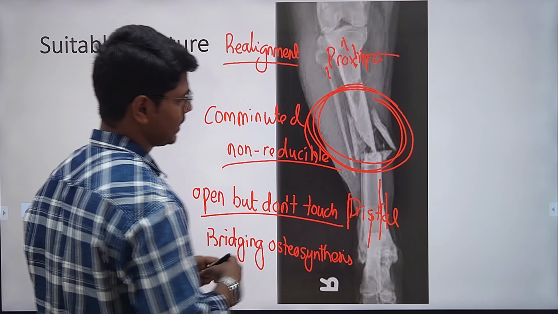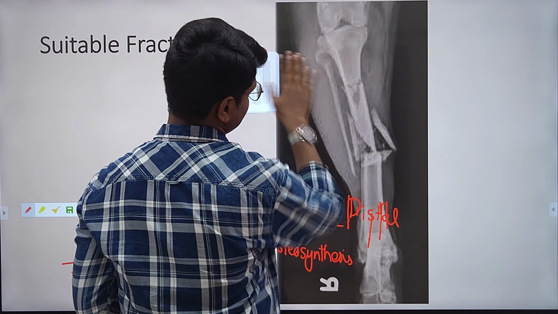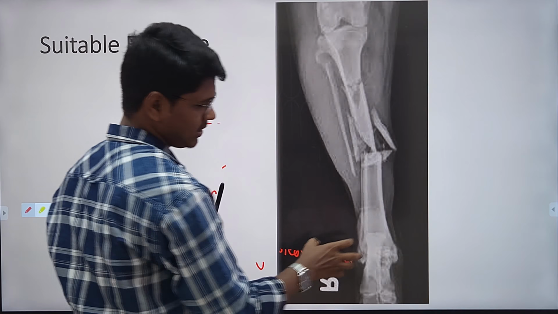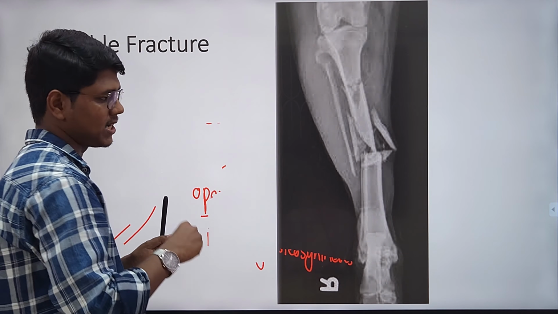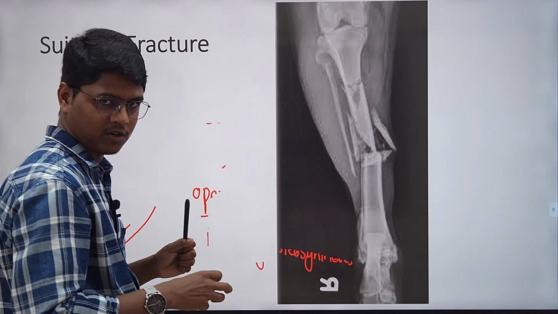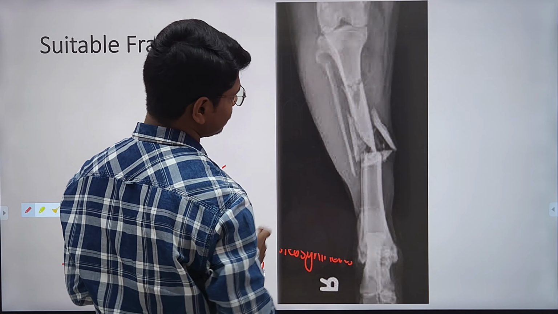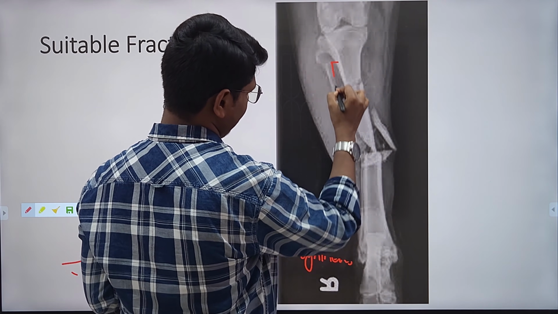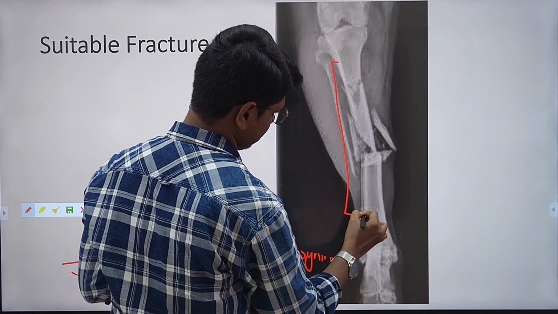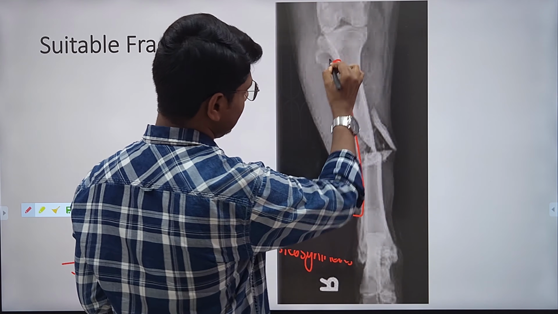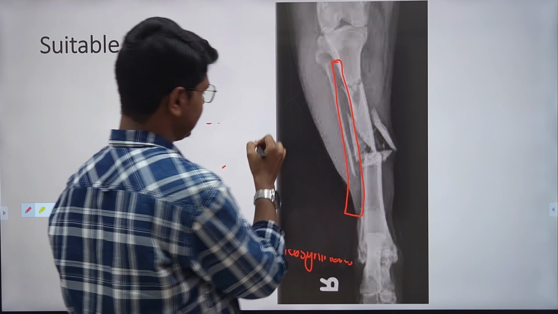What you will do here, after the distraction, you have to put a plate here. This particular plate is a bridging plate.